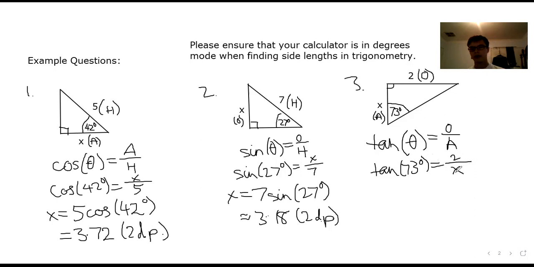So in order to get x by itself, we're going to swap the positions between x and tan 73. In this case, that would mean that we have x equals 2 over tan 73 degrees.